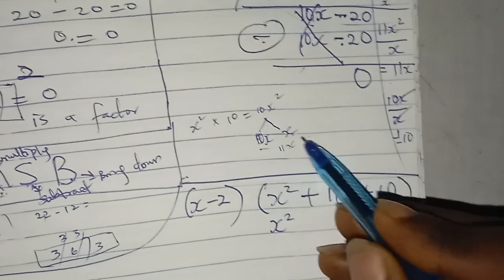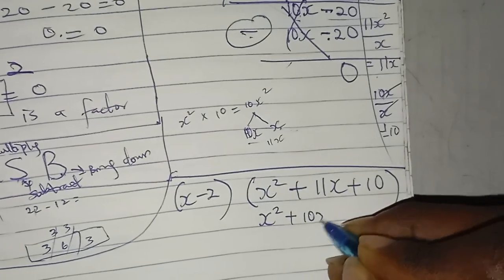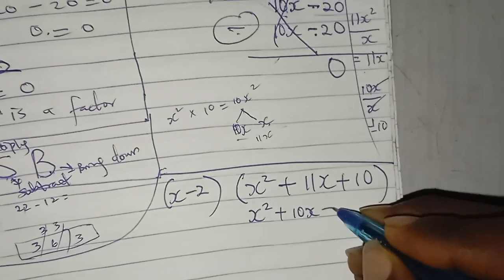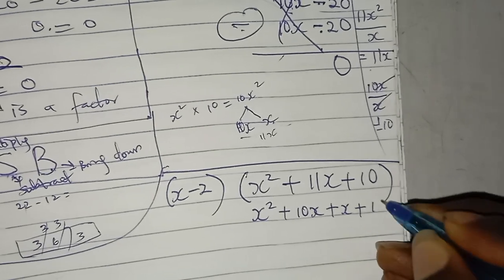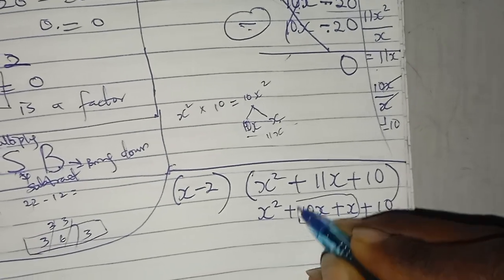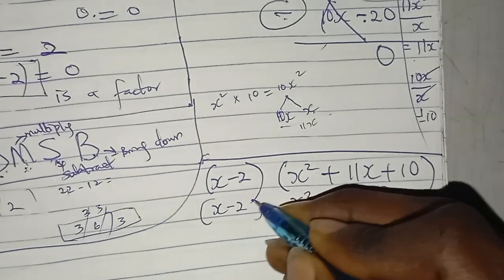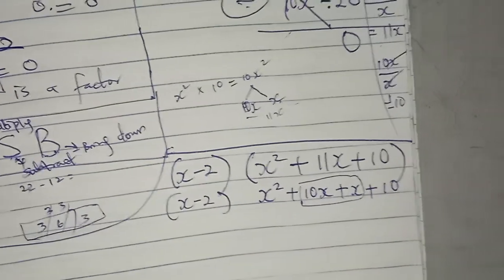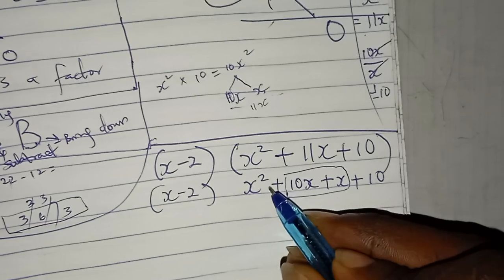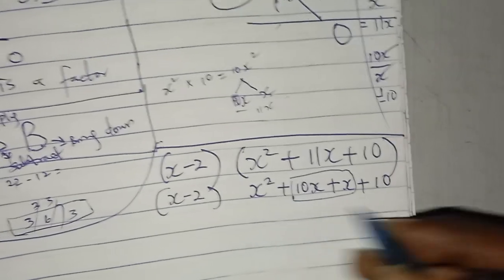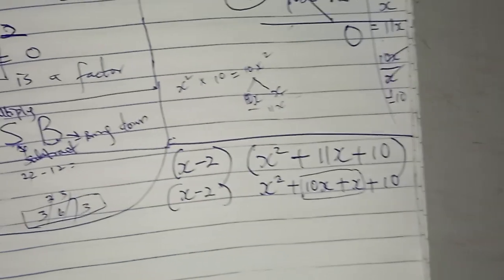Replace 11x with this: plus 10x plus x plus 10. So we've replaced 11x with this. So remember, we still have this one side, but it's not going to be part of what we are factoring out, because we are trying to factor it out because we know that anything raised to power 2 will give us two roots, and when we add it to here, it completes our cubic equation.